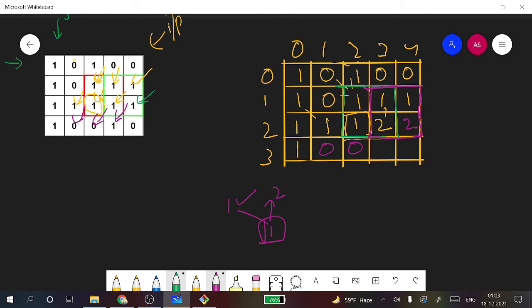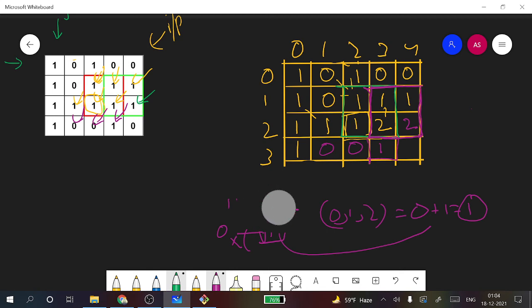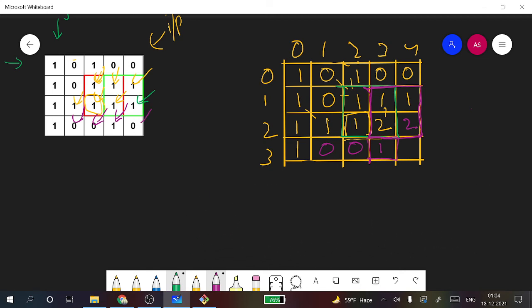This 1 we can expand towards the diagonal. This 0 we cannot expand, so we are restricted by this 0. That is, the minimum of 0, 1 and 2 is 0, and adding 1 gives 1. The maximum we can make is this 1 cross 1. Now for the next value, it is 0. Since it is 0, we cannot consider this, so this will be our case.